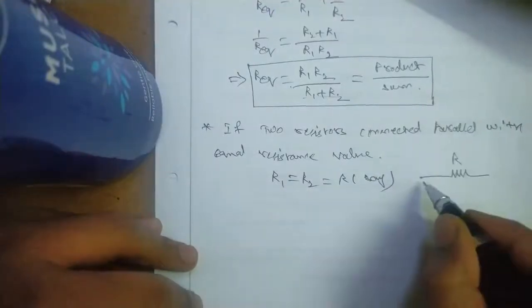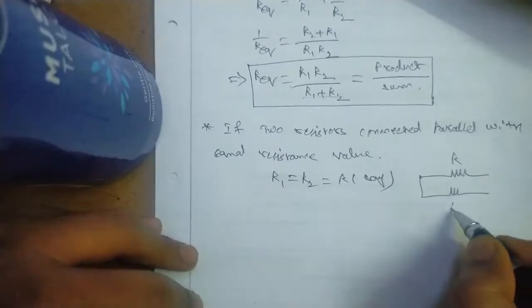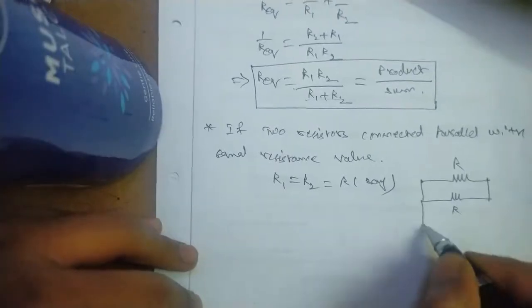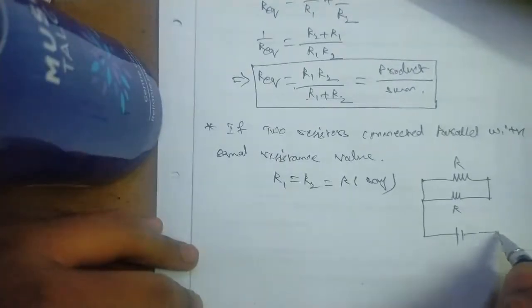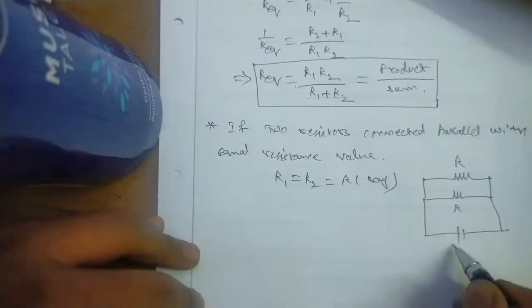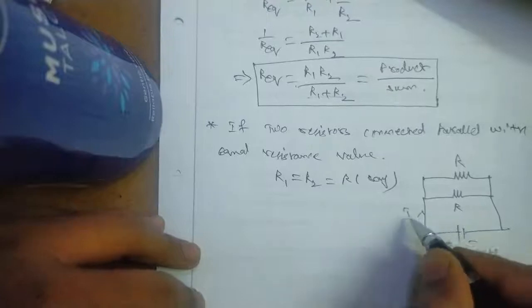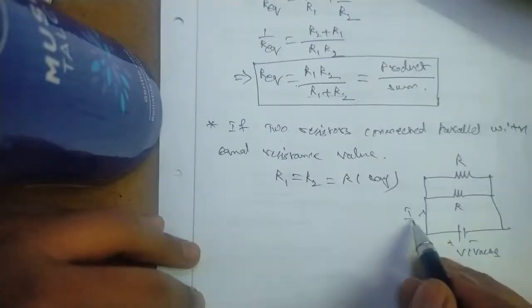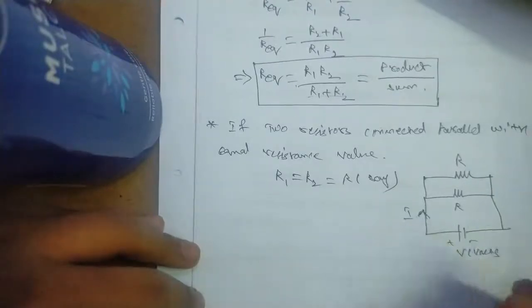It is R and another one resistance R connected across the voltage V volts, same. This is the total current.